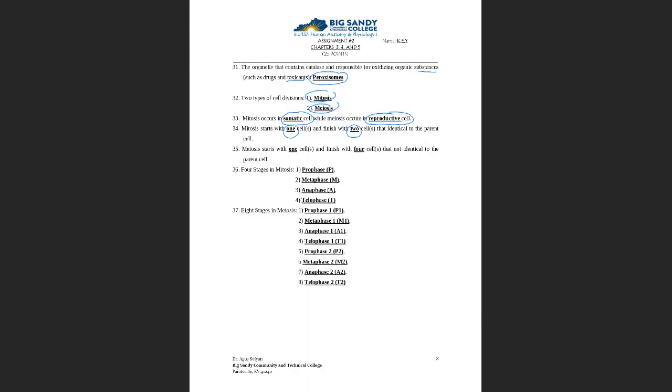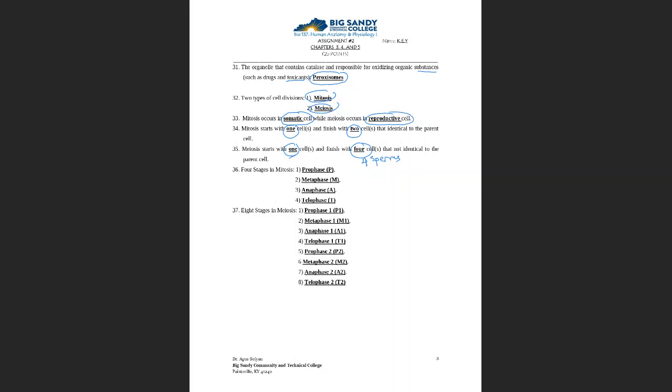Meiosis starts with one cell. It will produce four non-identical cells. Okay? If it is male, it produces sperm. Okay, four sperm from one cell, from one spermatocyte.